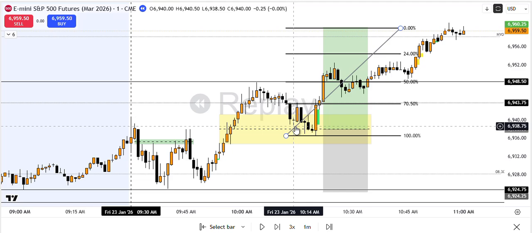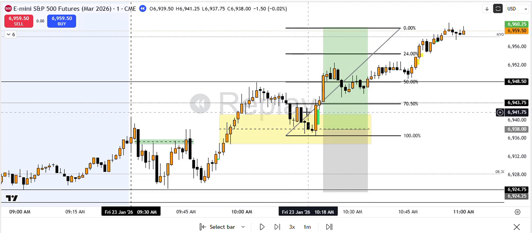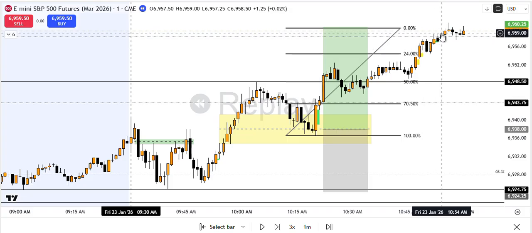I normally look for the midpoint, depending on the size of the fair value gap. And then you take it for a measured move. You always want to keep it at 100%. It can extend to the 161, but if you're prop firm trading and you have a trailing stop loss, I would keep mine at 100%.